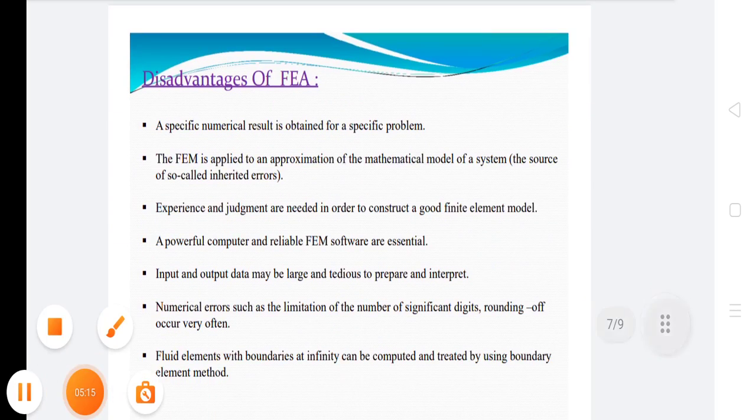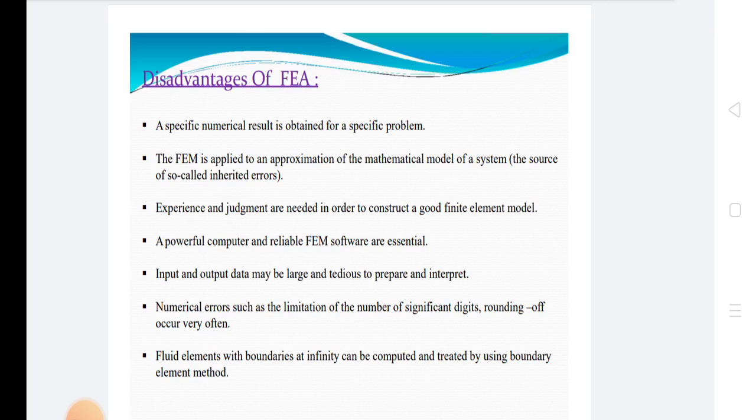Now the disadvantages of FEA. A specific numerical result is obtained for a specific problem. The FEM is applied to an approximation of the mathematical model of a system, the source of so-called inherited errors. Experience and judgment are needed in order to construct a good finite element model.